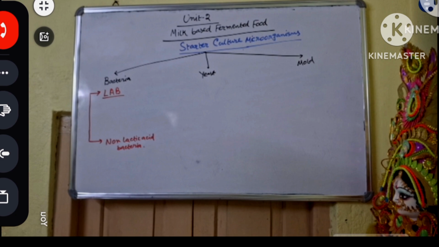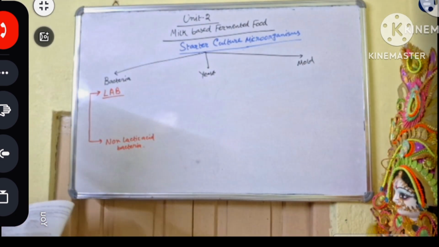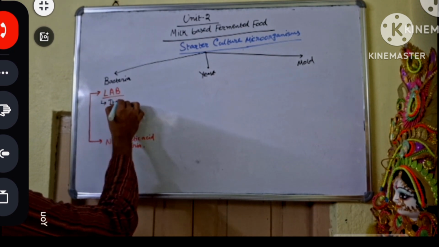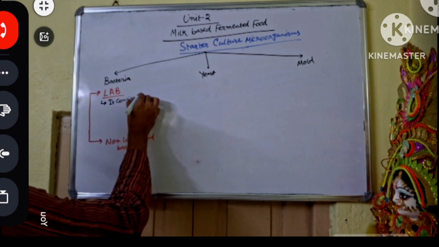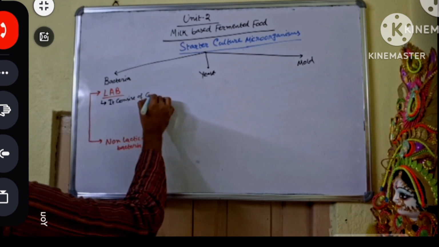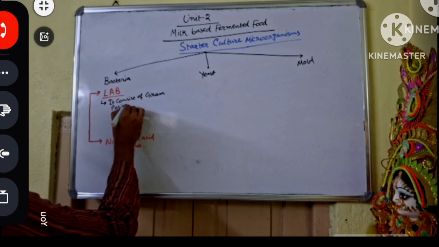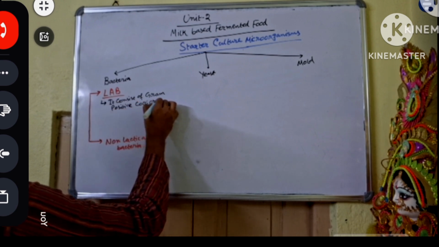Lactic acid bacteria are all gram positive, cocci or rods.